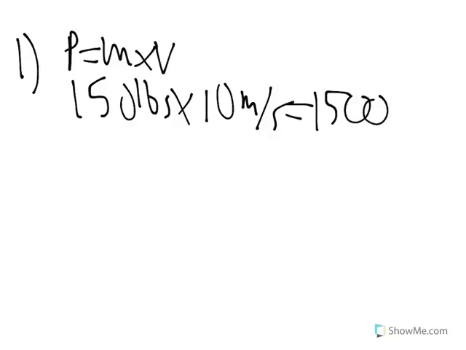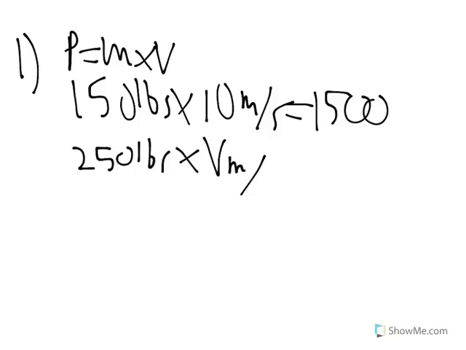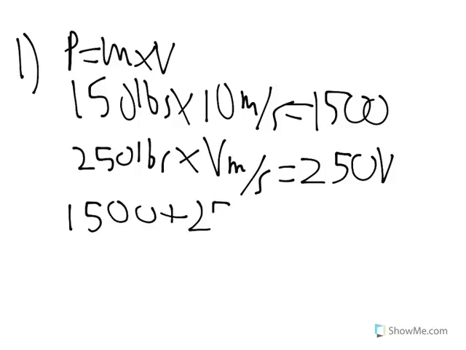And the second guy is 250 pounds going at some velocity v, so that's 250 v. As a result, we add these two together: 1,500 plus 250 v equals our momentum. And remember, p means momentum. So this is our original momentum.